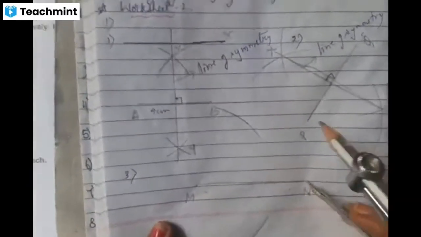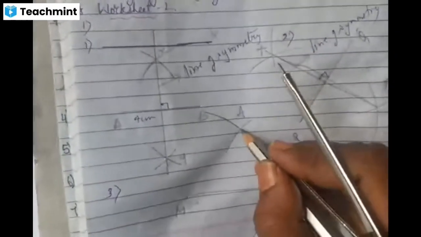How to draw the line of symmetry for this given line segment: at the point M, take more than half with the help of the compass and then draw 2 arcs, children, up and down, and shift this fixed point to point N and then cut the 2 arcs. You again get 2 points, call them A and B, and you have to join these 2 points.